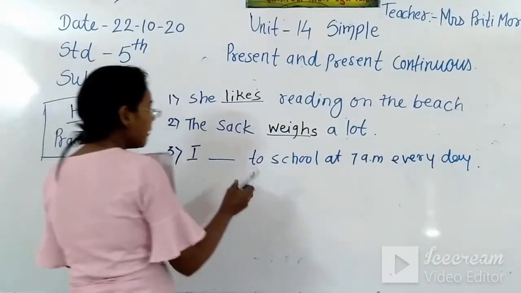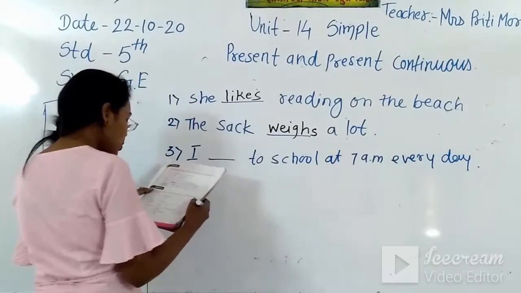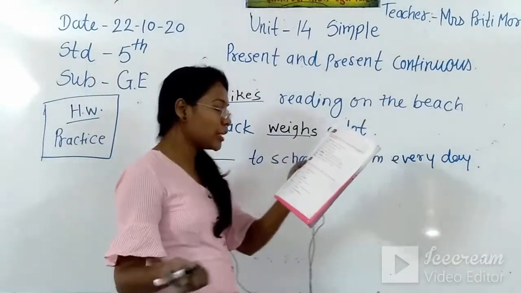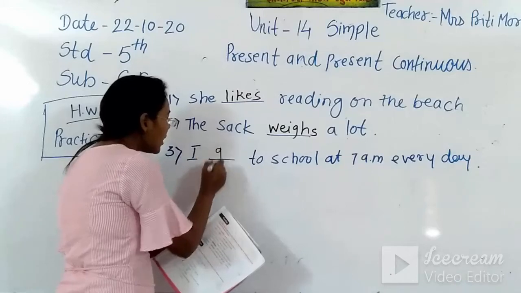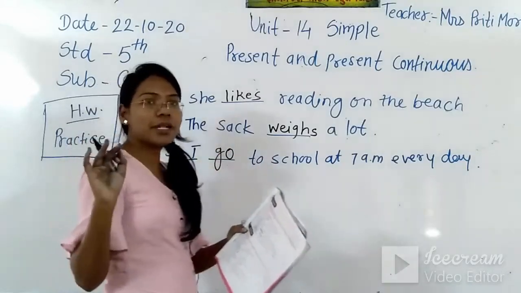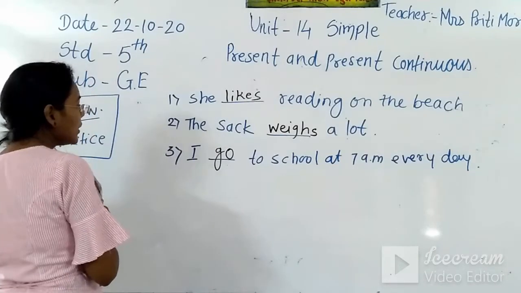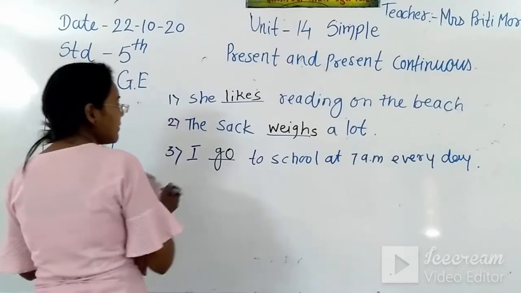This is a regular action going on. So 2 options are there, go and I am going. So to show the regular action we use the simple present tense. Then what will come there? Go only. I go to school at 7 a.m. every day.